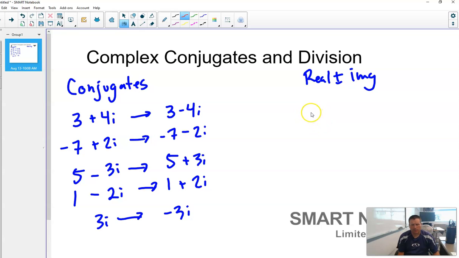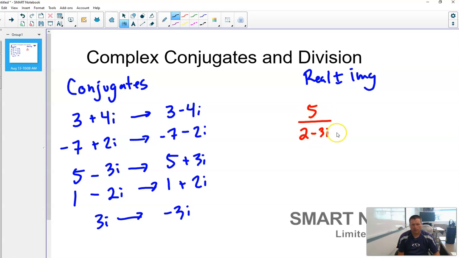So for example, let's say I had 5 all over, let's just start with a real number divided by a complex number. Let's say 2 minus 3i, okay? So I want to get this into the real plus or minus imaginary form.